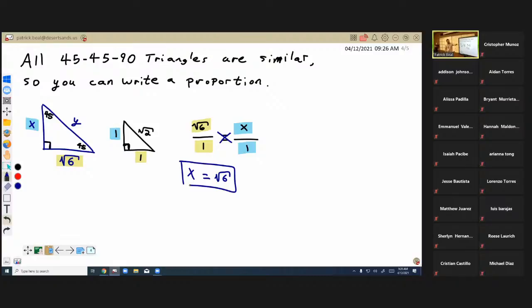For example, if we want to know what y is, I highlight that. That's going to be the green side of my triangle. So we can make another proportion using the yellow sides and the green sides.